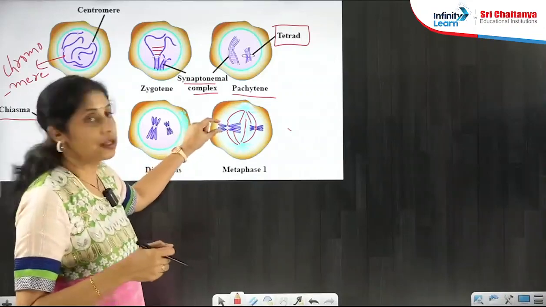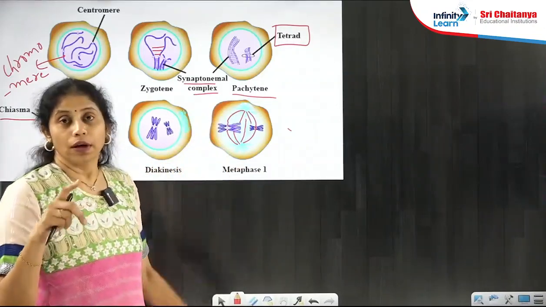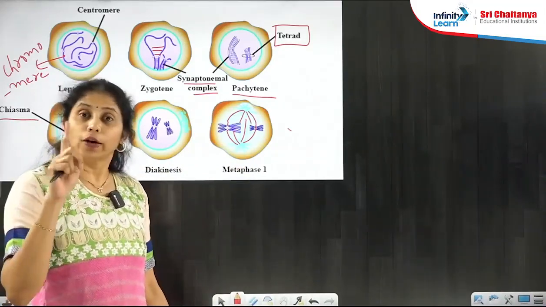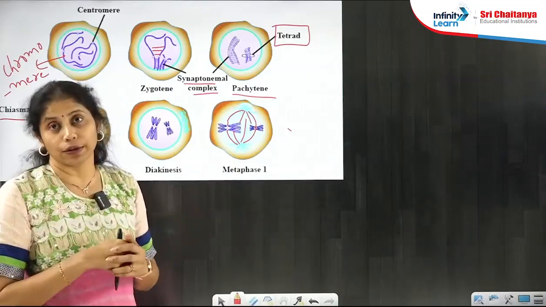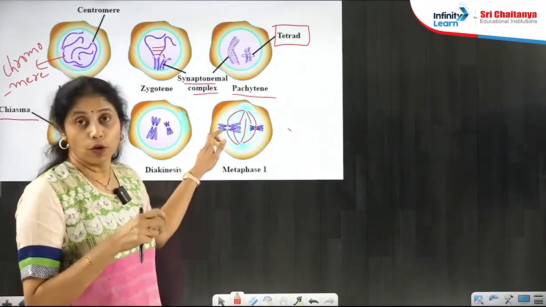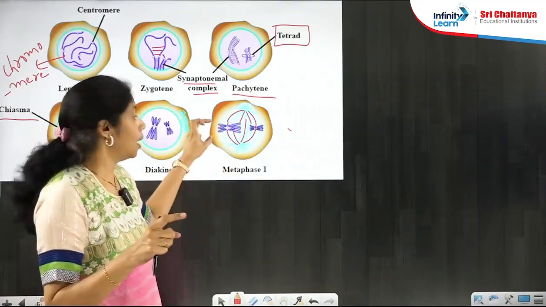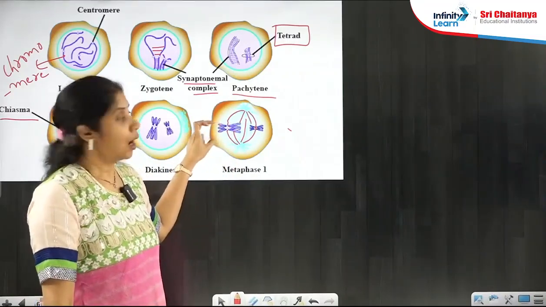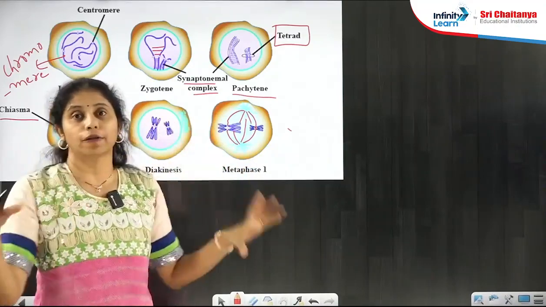So each bivalent is attached to 2 spindle fibers coming from 2 opposite poles. In mitosis, what happens is one chromosome is attached to both the poles by 2 spindle fibers. But here each chromosome is attached to only one pole by 1 spindle fiber, because this is the bivalent. And after this, all the bivalents will be placed on the center of the cell.